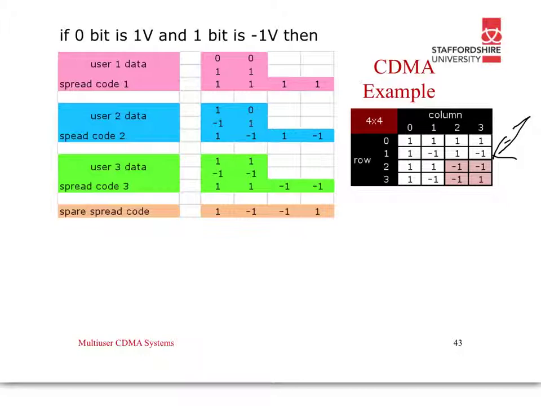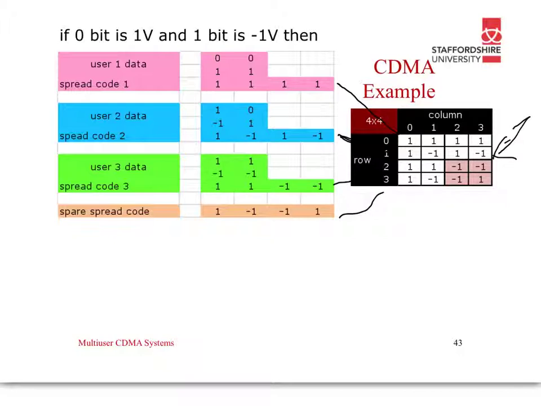So I've picked the first row to represent the spreading code for user 1, the second row to represent the spreading code for user 2, and the third row to represent the spreading code 3, and then we have a spare spreading code because we only have 3 users in this case.